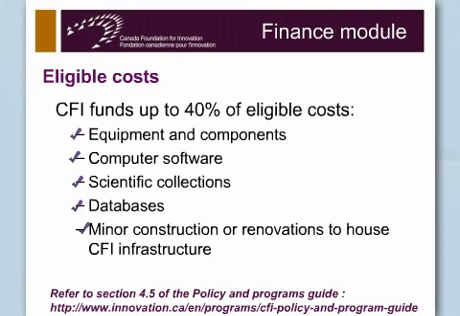Of course, if you have a project that involves significant construction, but that will be covered by another source completely and is outside of what you are requesting from the CFI, this is acceptable and should be described in the proposal, but should not be counted towards eligible costs.